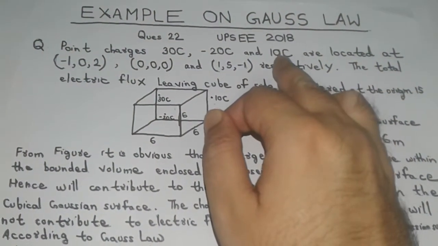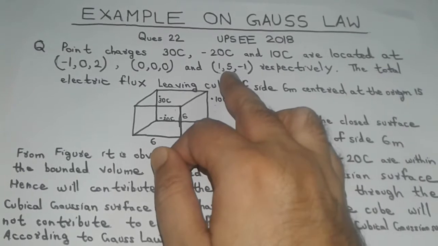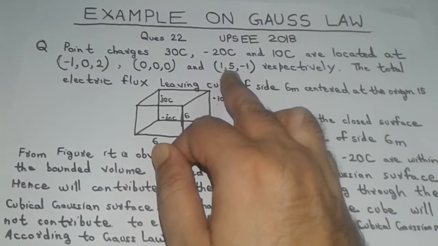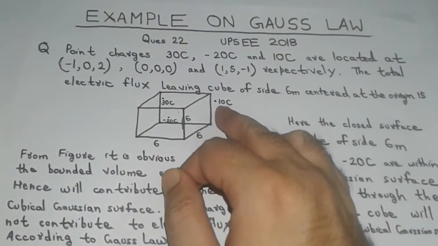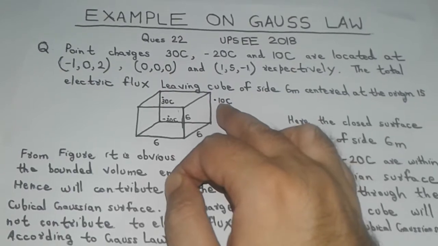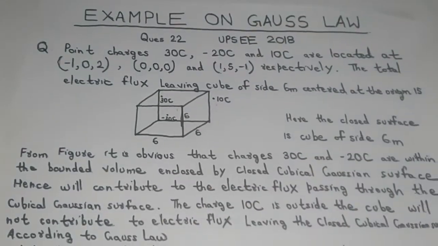For the point charge 10 coulomb, the y coordinate is 5 which is greater than 3. Hence the point charge of 10 coulomb lies outside the cubical Gaussian surface.